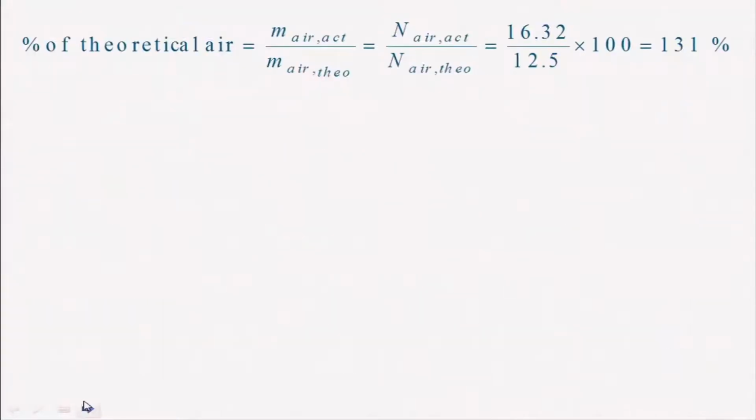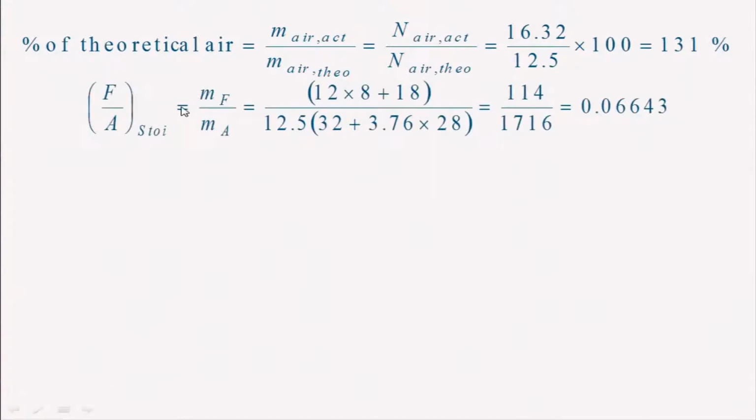And if you look at the percent of theoretical air, that is the mass of air actual divided by mass of theoretical, and that will give me around 130% theoretical air.